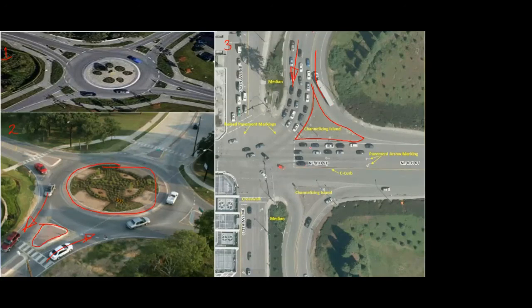Okay. And same is the case here. You can see a channelizing island here itself. And these are the medians. Now these are the divisional islands that I discussed a few slides back. Okay. So this is an example of a channelizing island.